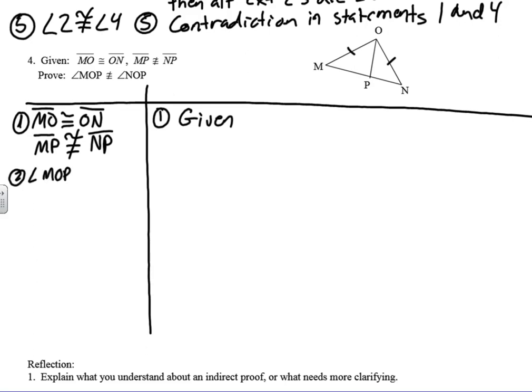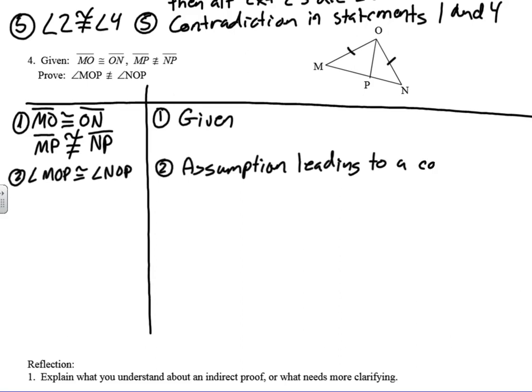So angle MOP is congruent to angle NOP, okay, an assumption leading to a contradiction. So I'm assuming that. So MOP, that's this angle up here, and NOP, that would be this angle. Well, what else do we have here?